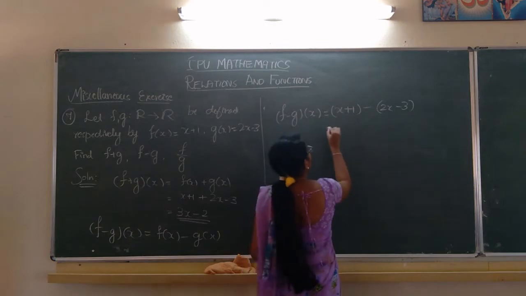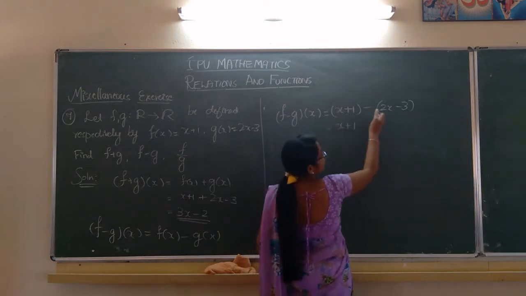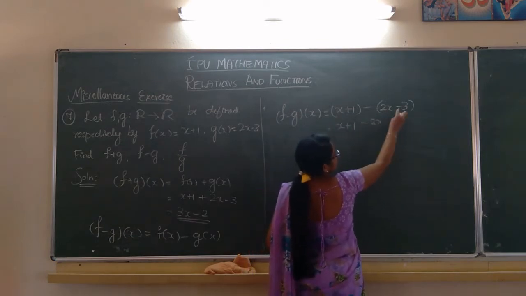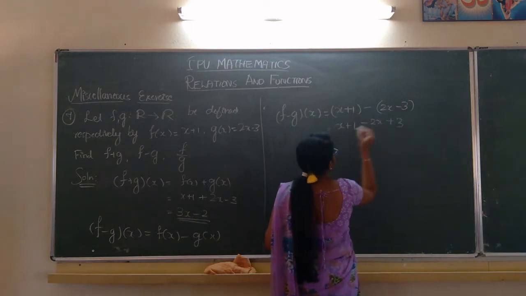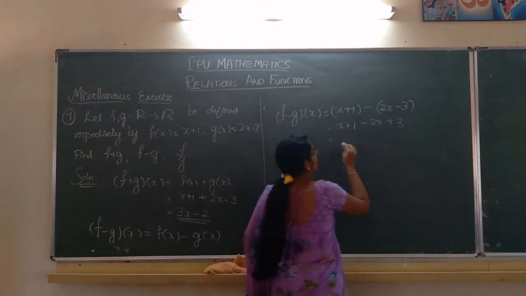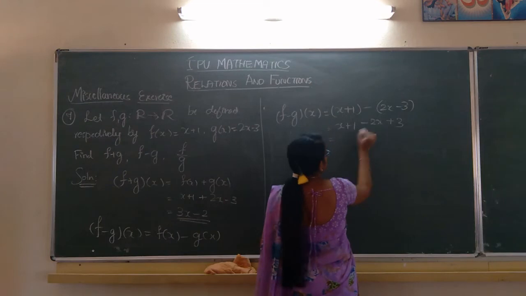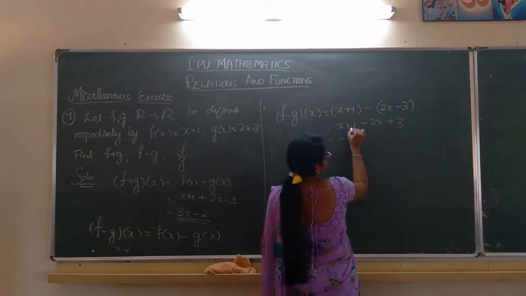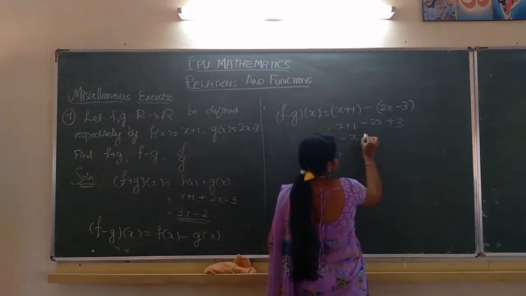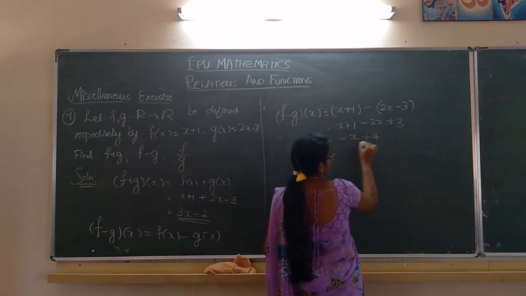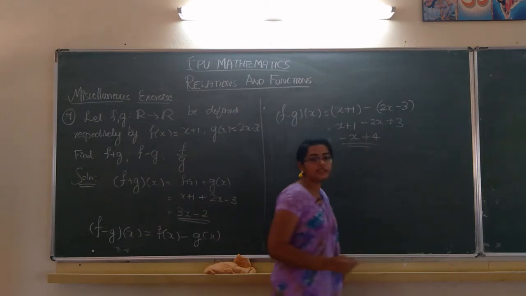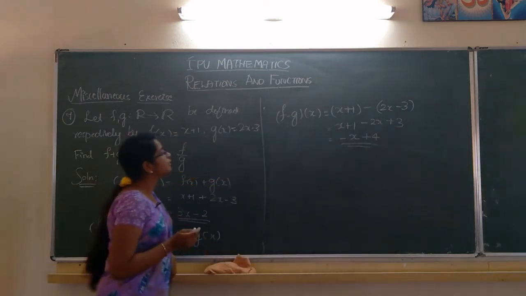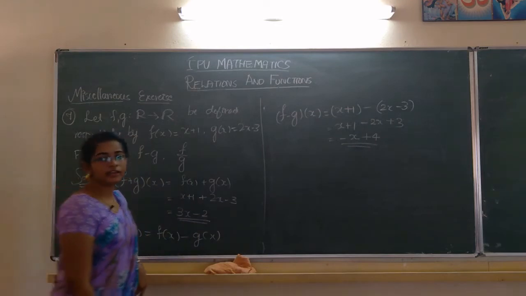Opening the bracket, we get minus 2x plus 3. Be careful here. X minus 2x is minus x, and 1 plus 3 is plus 4. So, minus x plus 4 is the required answer. So, f minus g you have calculated.